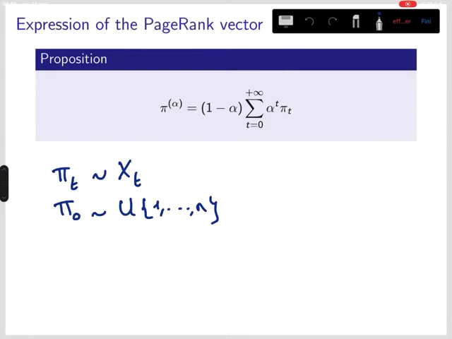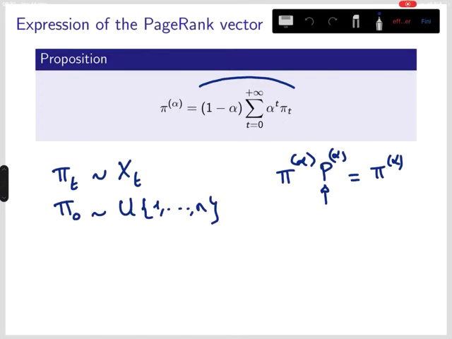It turned out that the Pagerank vector is just the smoothing average of these vectors at times t equals 0, 1 till infinity. You can quite easily prove this result: you need to prove that pi alpha solves the balance equations. So your job is just to replace pi of alpha by its expression and verify the equality.